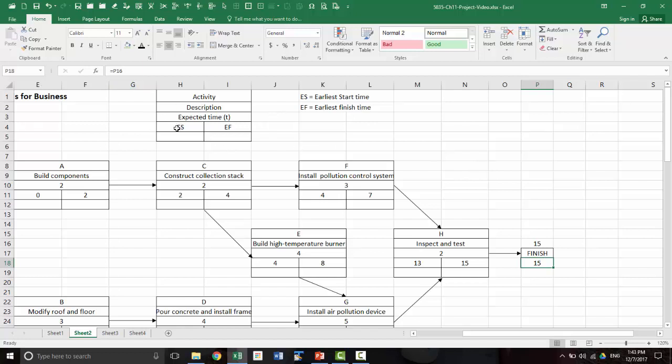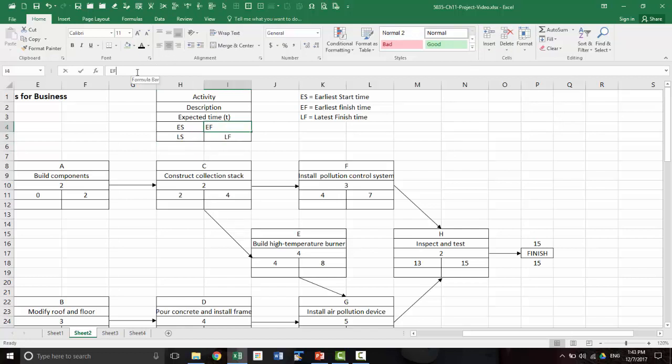In the forward pass, we first came up with the earliest start time and we added the expected time to get the earliest finish time. So in the backward pass, we have to do the latest finish time first. LF is latest finish time, and then we subtract the expected time T from the finish time and we get the latest start time.